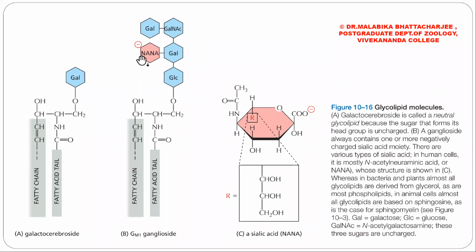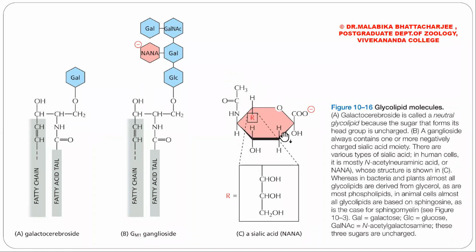In human cells, it is mostly N-acetyl neuraminic acid, or NANA, whose structure is shown here. In bacteria and plants, almost all glycolipids are derived from glycerol, as are most phospholipids in animal cells.